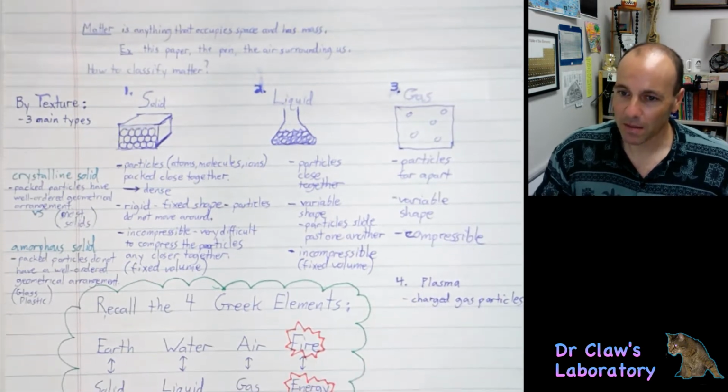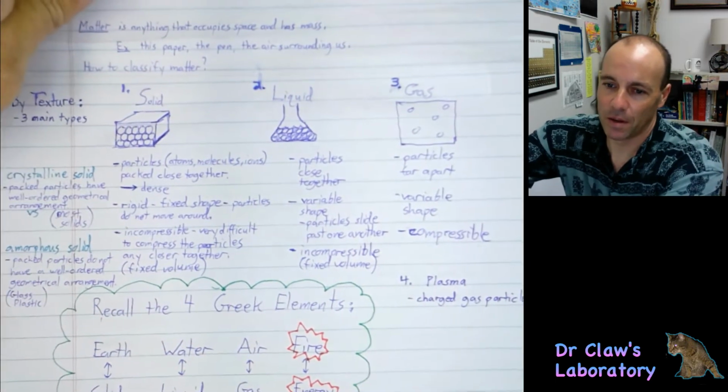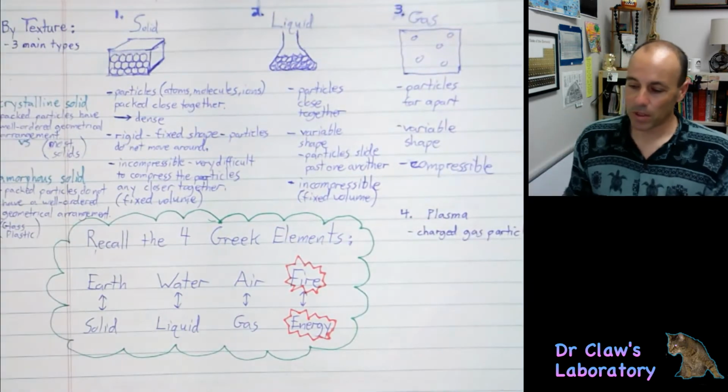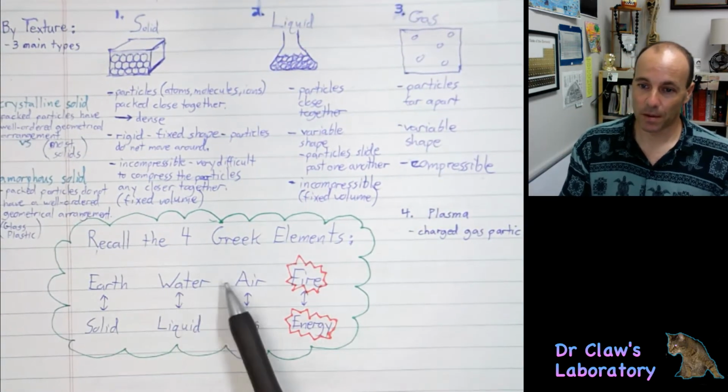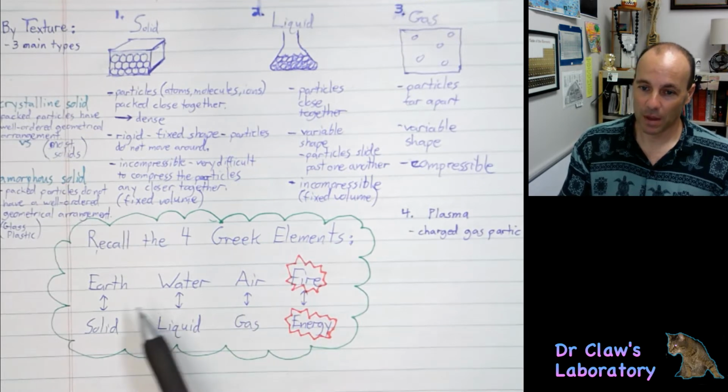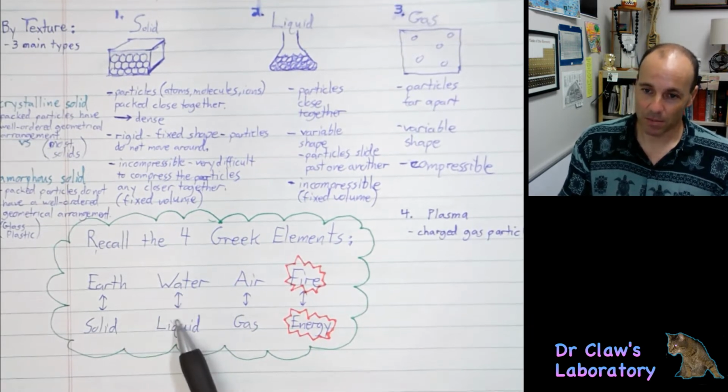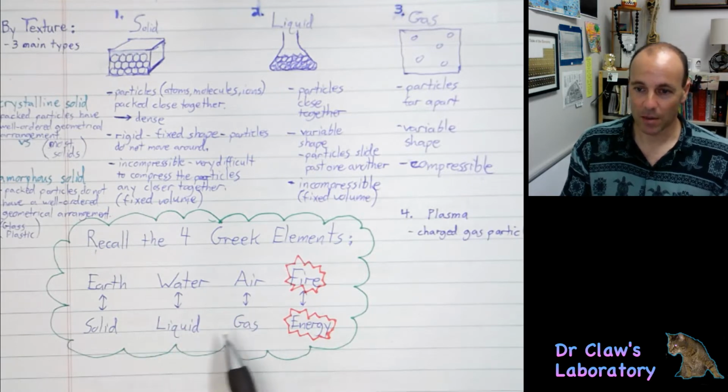Now, these four states of matter are closely related to the four Greek elements: earth, water, air, and fire. In fact, there's a direct correlation between earth, water, and air and solid, liquid, and gas.